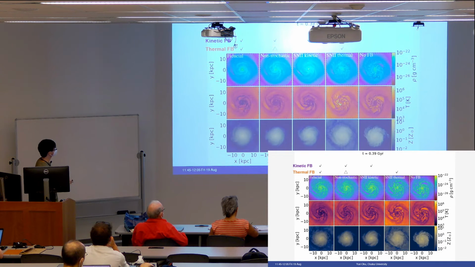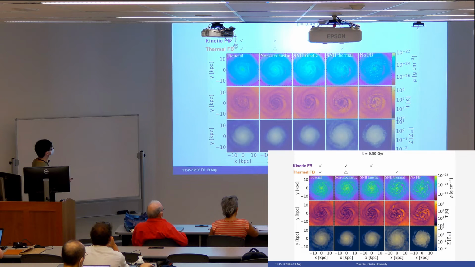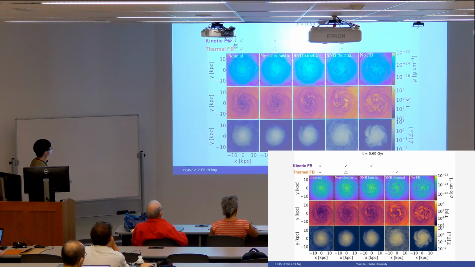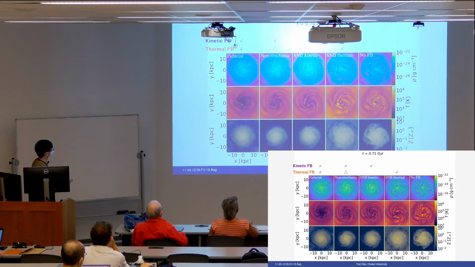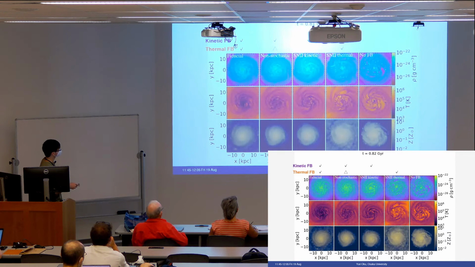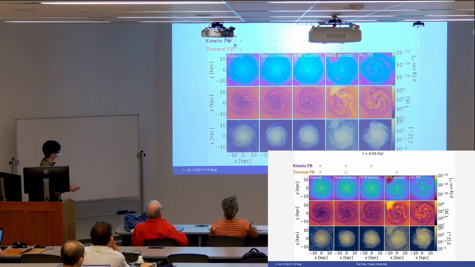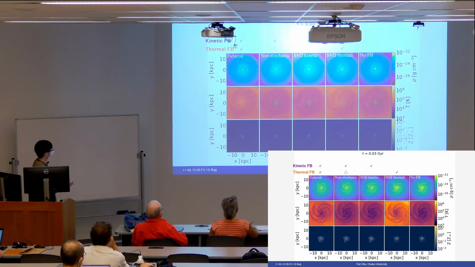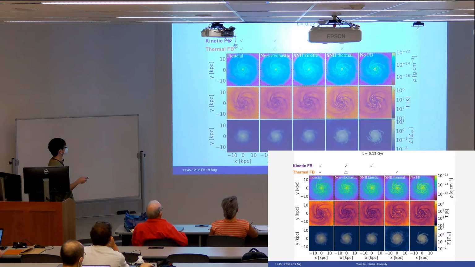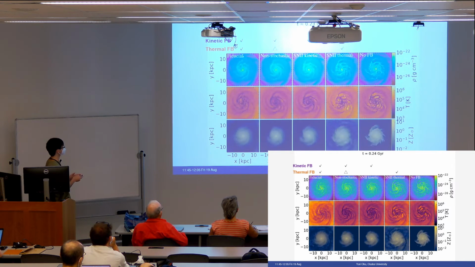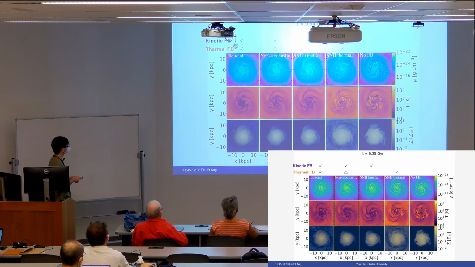This is the fiducial case, having both kinetic and thermal feedback. And this is only kinetic, only thermal, and no feedback. And this triangle means we inject thermal energy, but not stochastically.